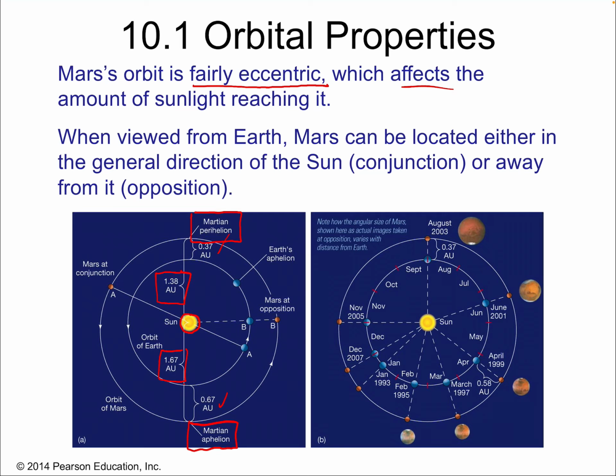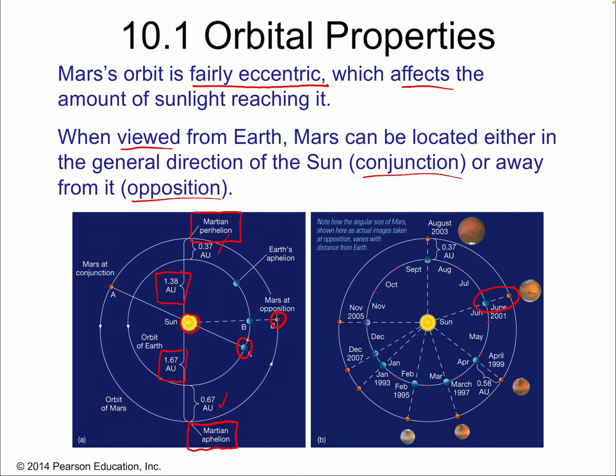Furthermore, talking about viewing Mars from afar, Mars can be located either in the general direction of the sun, which is conjunction, or away, opposition. And that's because, unlike when we talked about Mercury and Venus, Mars has an orbit that's outside of the orbit of Earth. So we see here, there's Earth, there's Mars. And because of that orbit that is greater than the Earth orbit, we could see Mars at midnight because we could have a position where Mars is on the other side of us.